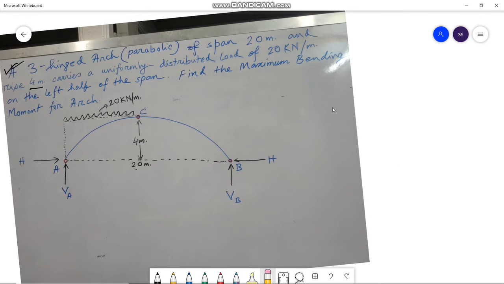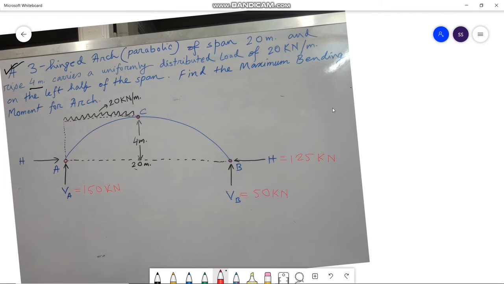So from calculation we have V equals to 150 kilonewton, Vb equals to 50 kilonewton and H equals to 125 kilonewton.